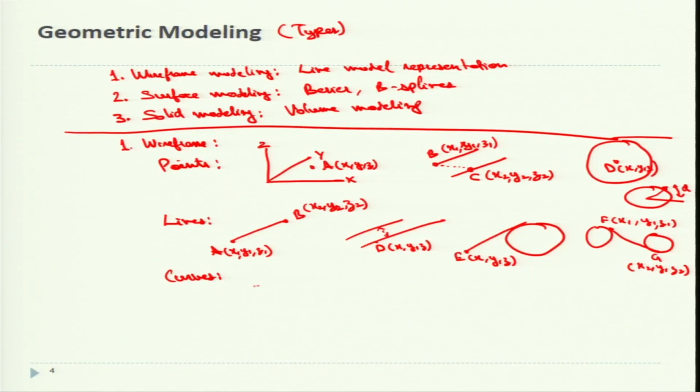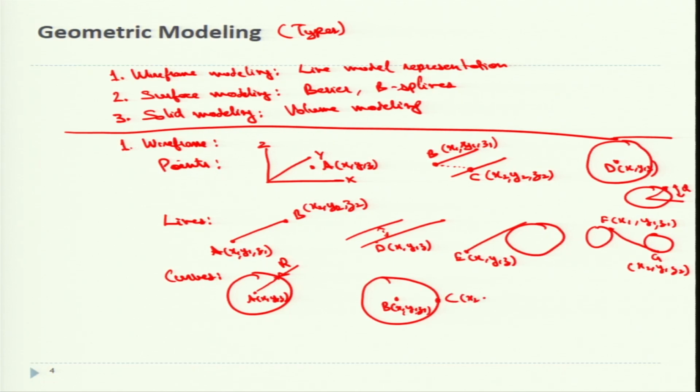So this curve, let me start. It could be a circle with center A, x, y, z and radius r. Or it could be a circle with a center and a point at the diameter. I will call it point B, x1, y1, z1, or C, x2, y2, z2.